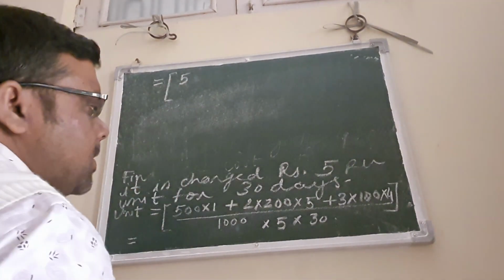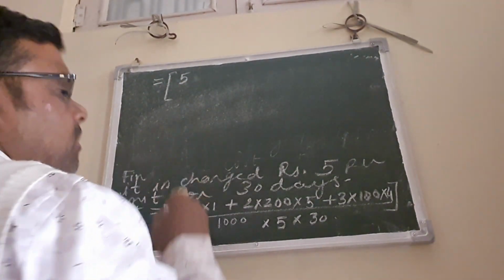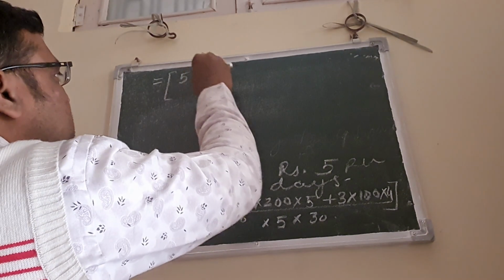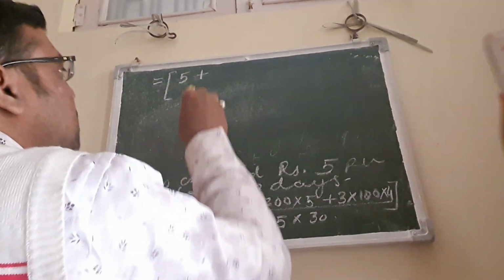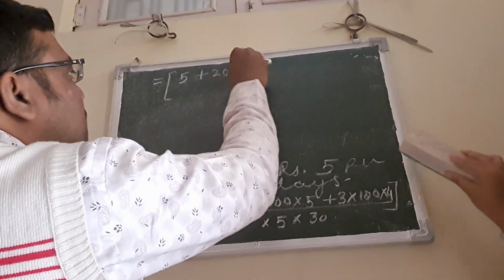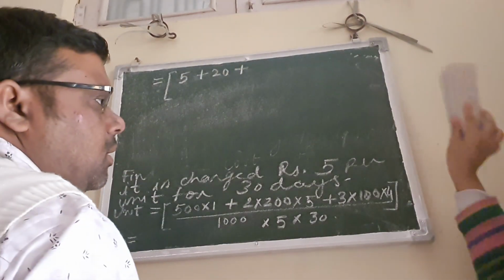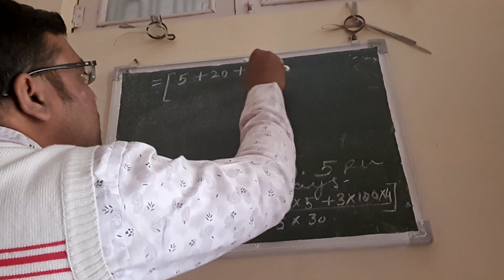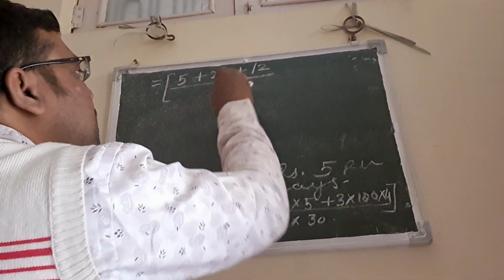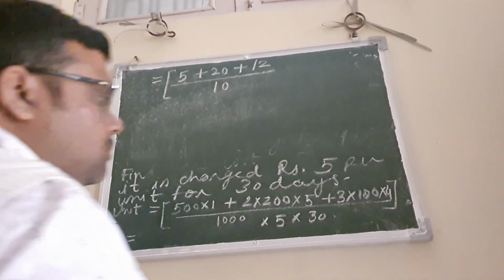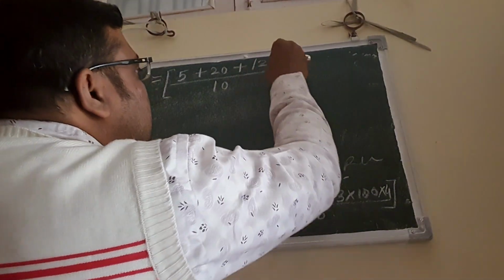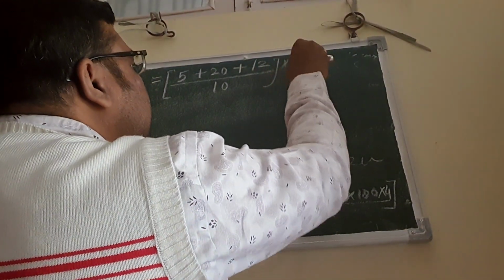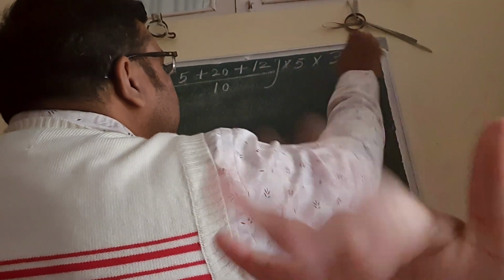It will be 5 plus 20 plus 12 upon 10, into 5 into 30.